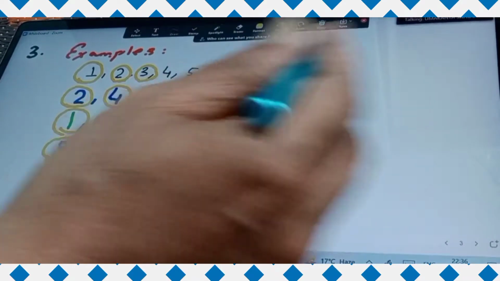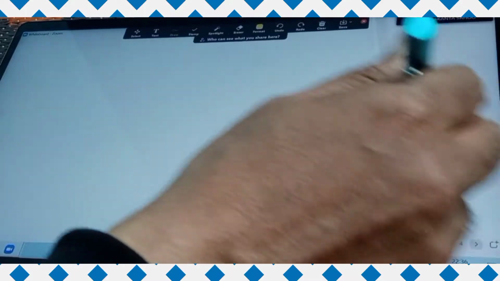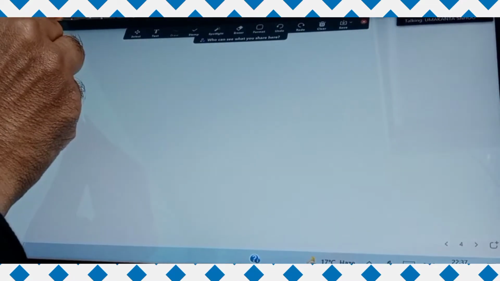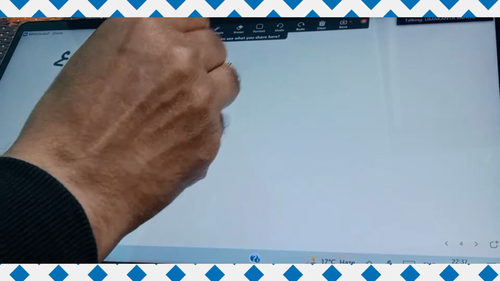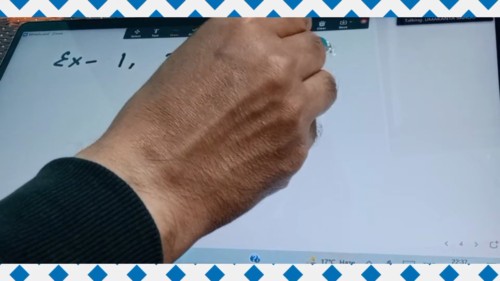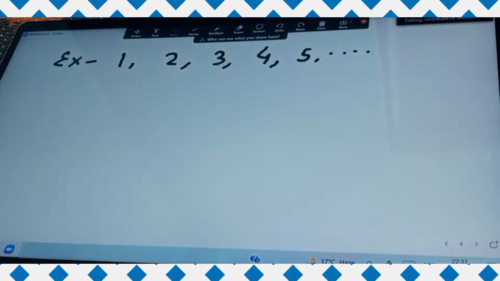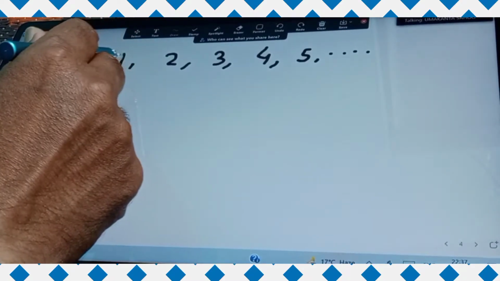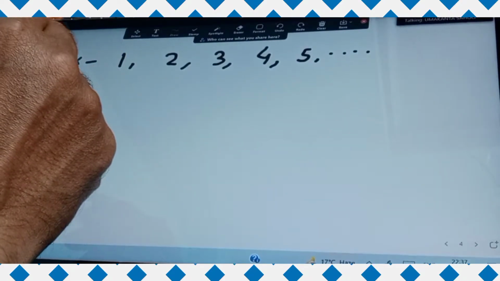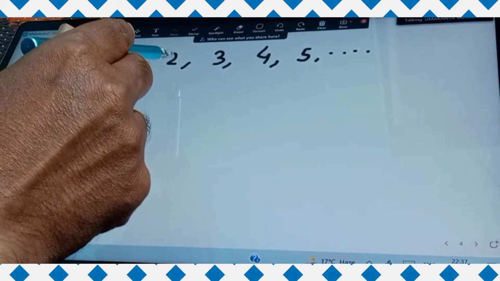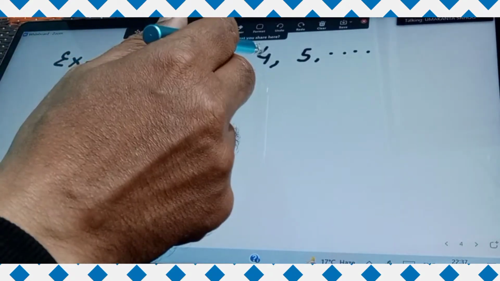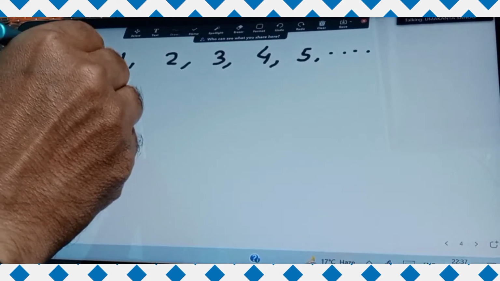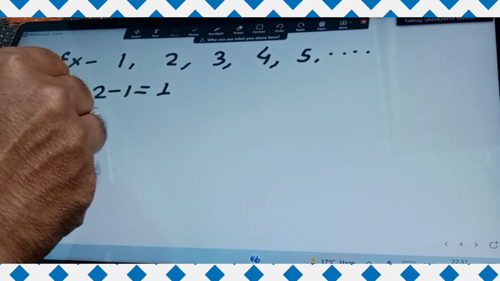Is it clear? Understand? You can write a sequence, for example 1, 2, 3, 4, 5, etc. In this sequence, the difference between two consecutive terms is always 1. 2 minus 1 is 1, 3 minus 2 is 1, 4 minus 3 is 1.